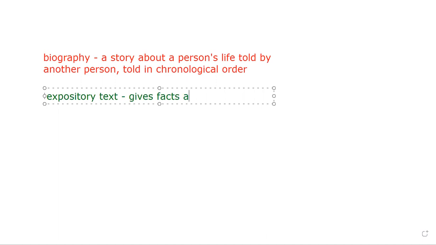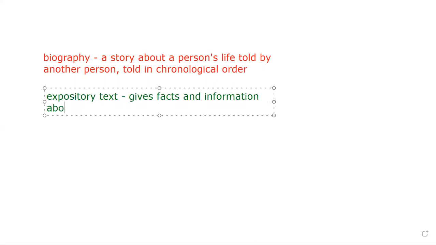Okay, so it gives facts and information about a topic, right? We often find that expository text has sidebars or maps, photographs, things that give us information about our topic, graphs, diagrams. These are some of the text features that we can find when we are looking at expository text.